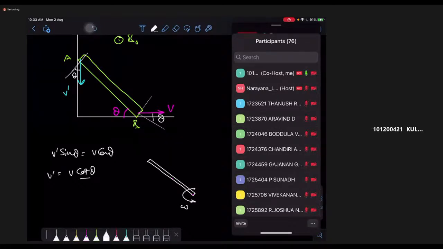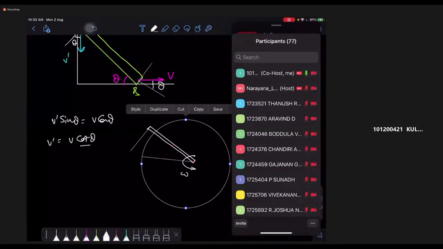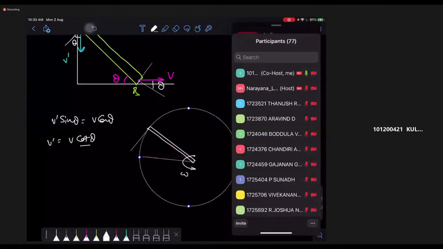If I consider the omega about my bottom point, omega will give me simply that this end is moving in a circle. When we say the end is moving in a circle, it behaves with L as a radius.